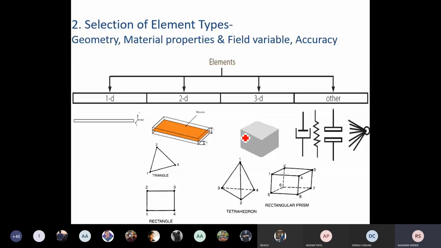Now, can you select the elements for a problem? If I give you one problem, can you select the elements for that problem?